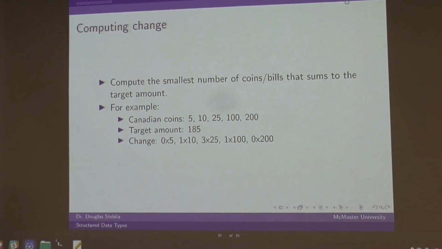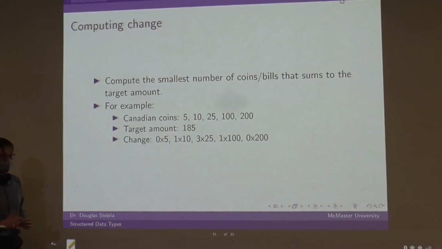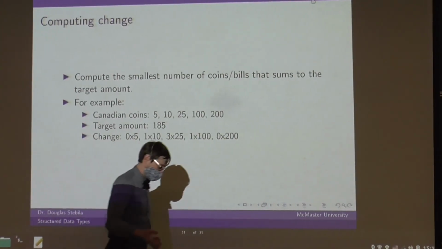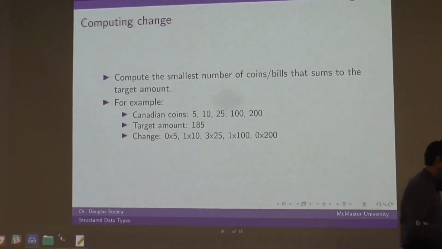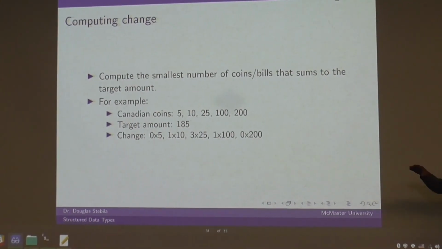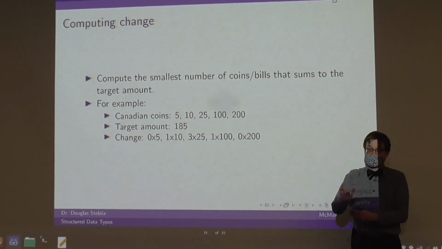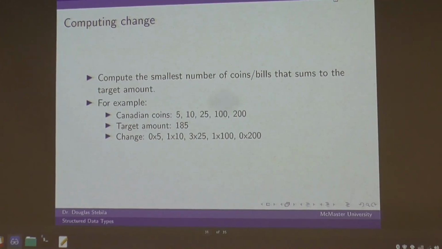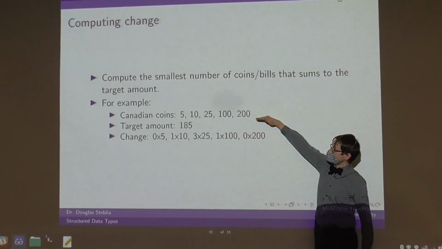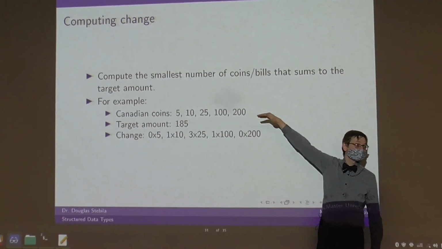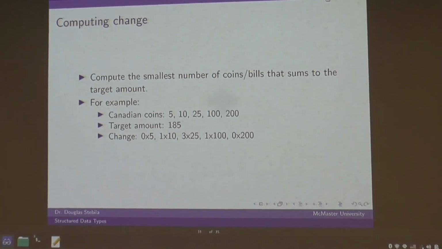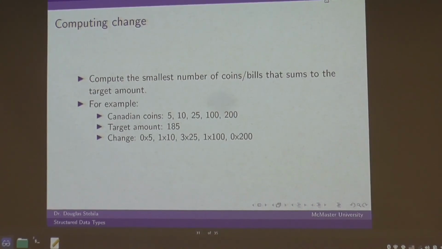So the make change problem is a specific instance of a general problem called the knapsack problem. But essentially the idea is you have a transaction that occurs. There is a certain amount of change that's owed to you. You have this set of denominations of coins to give back to the person you owe the change to.